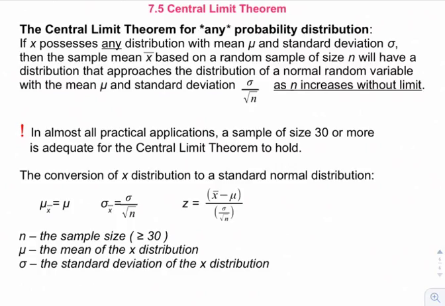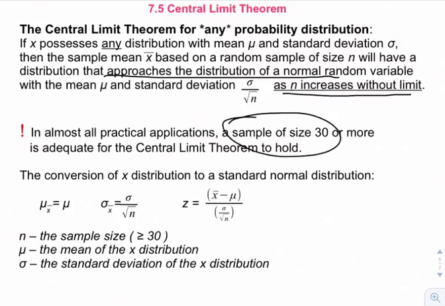So it approaches a normal distribution as n increases. So the distribution looks more and more normal as n increases. Okay. So for us, a sample size of at least 30, we're going to assume X bar is approximately normal.